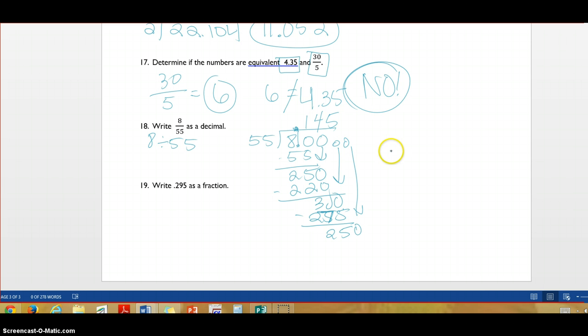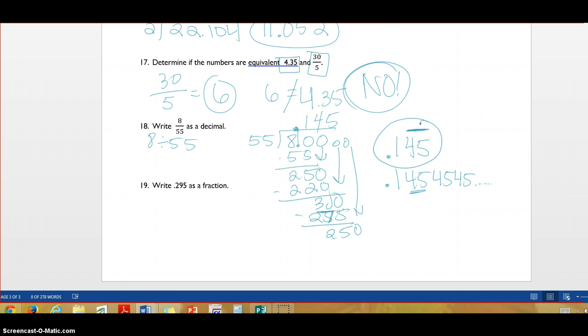So our answer is actually 0.145 repeating, but the only part that actually repeats is that 4, 5. So if we were to rewrite this, just continuing on a little bit, it'd be 0.145454545, and on and on and on. So only that 4, 5 repeats. So we just put the repeat symbol over that line, over the 4 and the 5, not the 1.